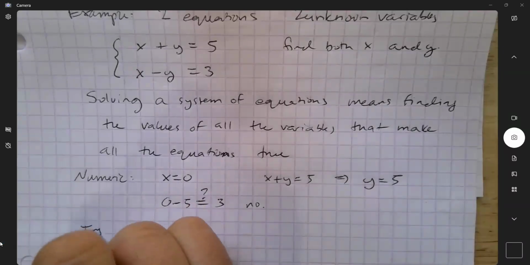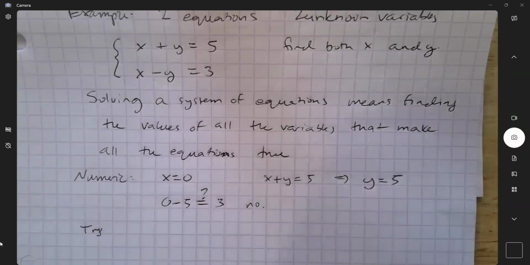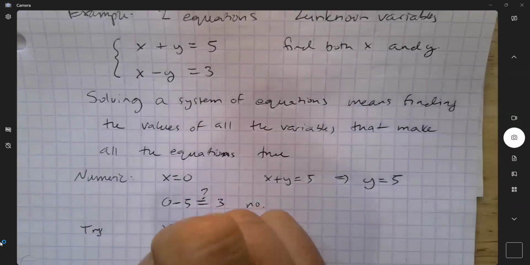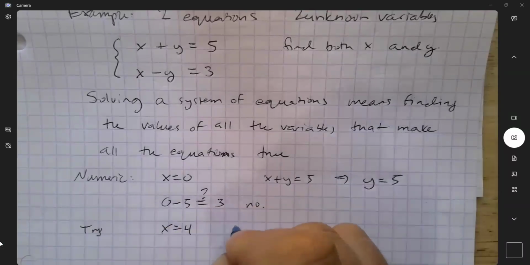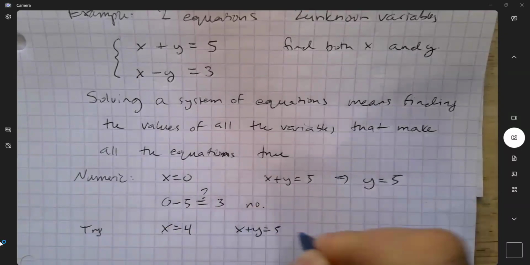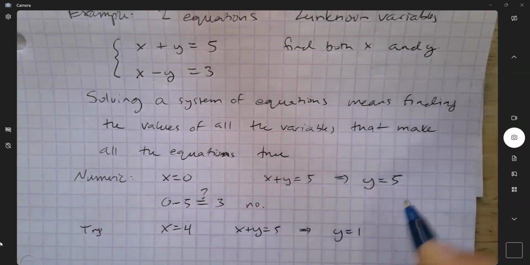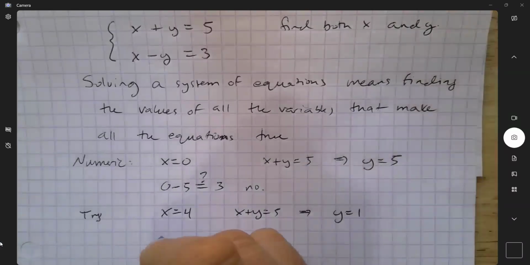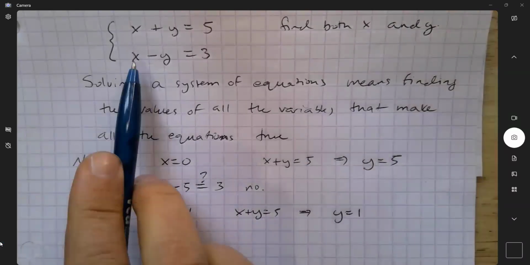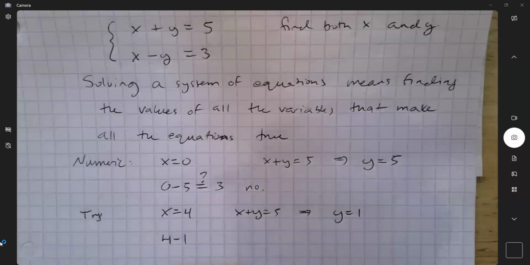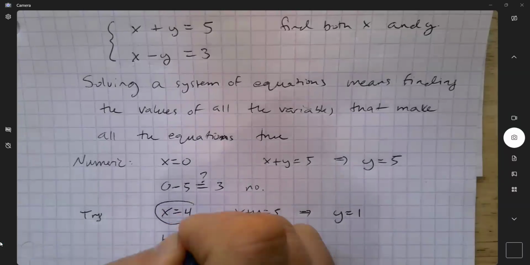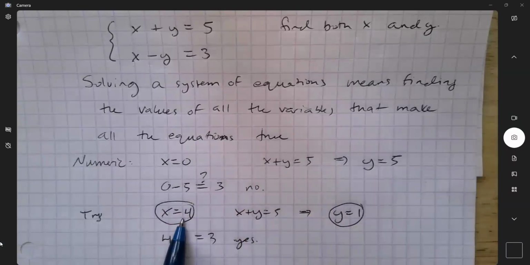Because I made this equation up, I know a good one to try. Let's try x equal to 4. Well, in that case, y must be equal to 1 because 4 plus 1 equals 5. And I'll try that in my next equation, x minus y, 4 minus 1, yes, that equals 3. So my solution to my system of equations is the x and y values that make both equations true at the same time.